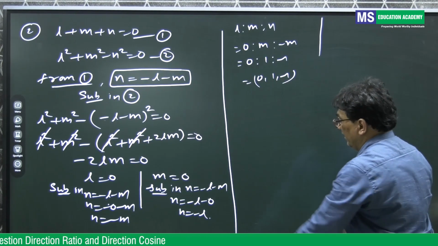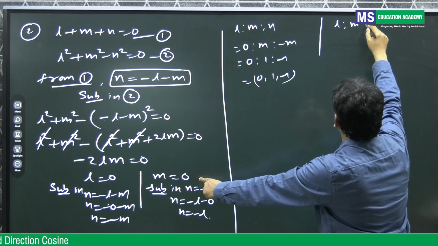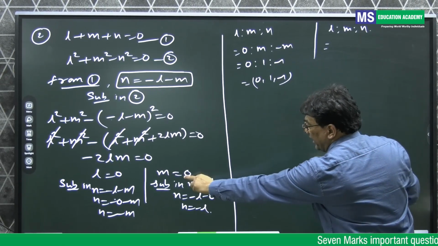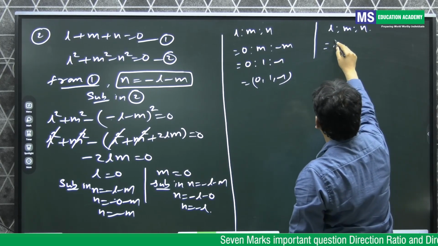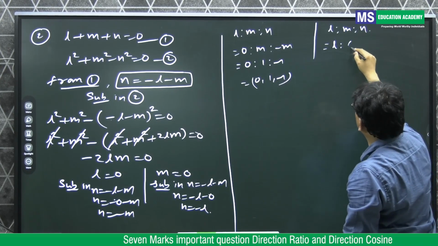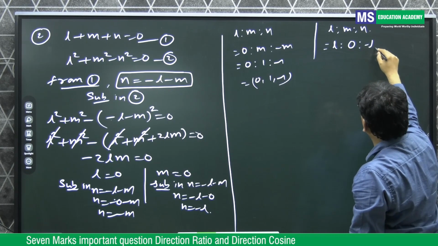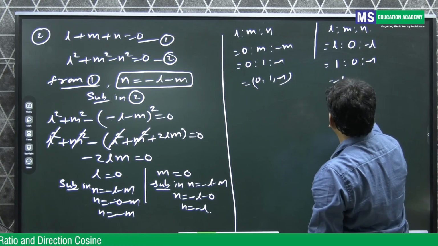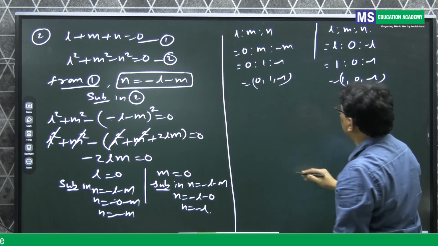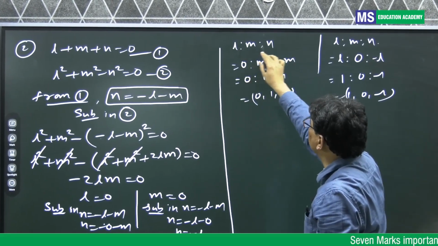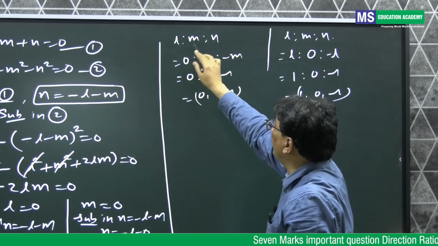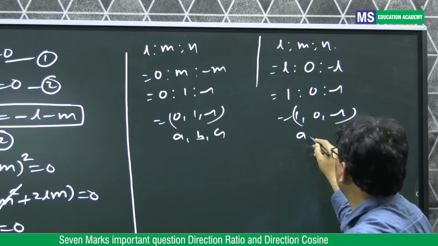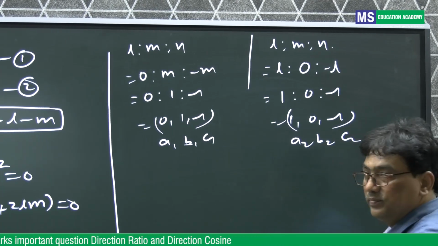In the second part, L is to M is to N: L stays as it is, M is 0, N is minus L. Cancelling L, we get 1 is to 0 is to minus 1, that is 1, 0, minus 1. These are the ratios of the DCs. L, M, N are the DCs, and the ratios of the DCs are the DRs: A1, B1, C1 and A2, B2, C2.